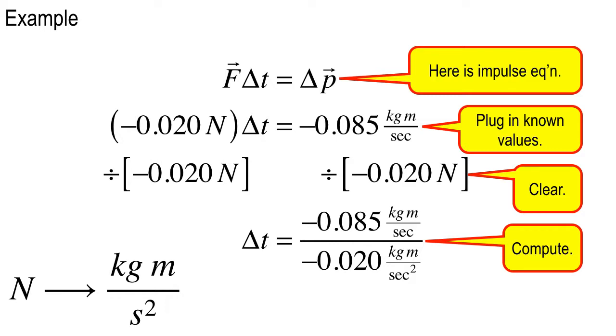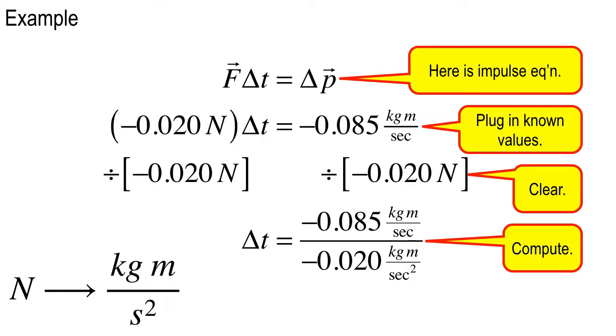Meters, top and bottom, cancel. Per second in the numerator cancels with one power of per second in the denominator, but you're still left with negative 0.020 per second in the denominator.